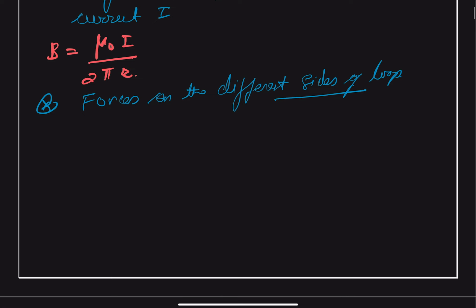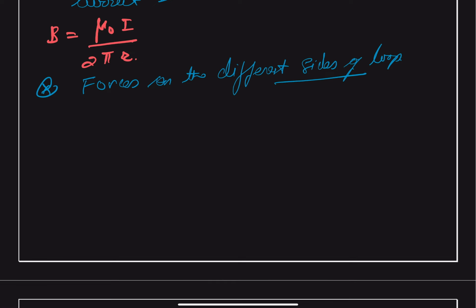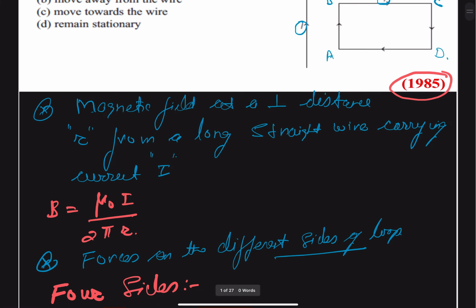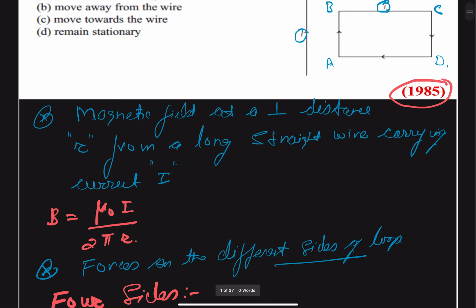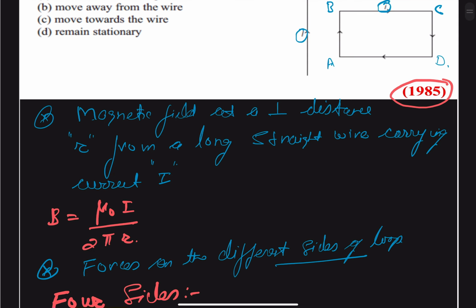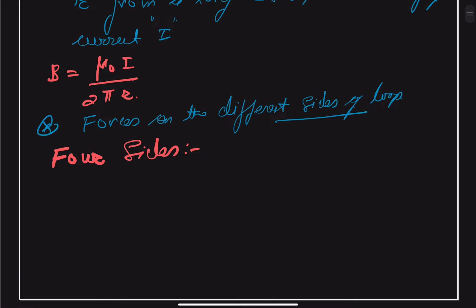It has 4 sides, and these 4 sides are AB, BC, CD and DA.